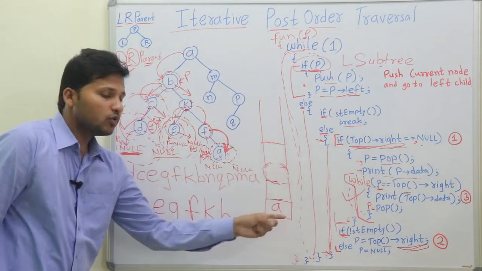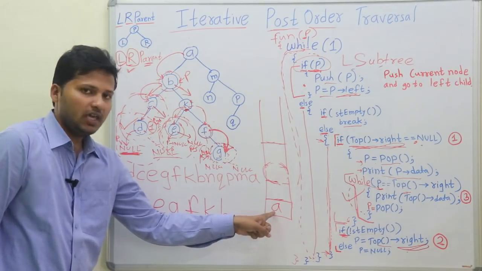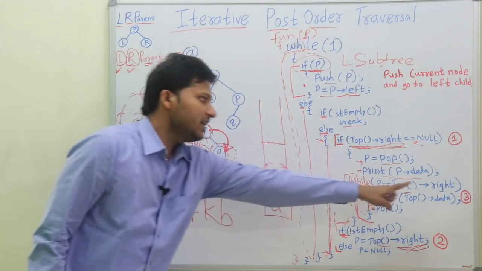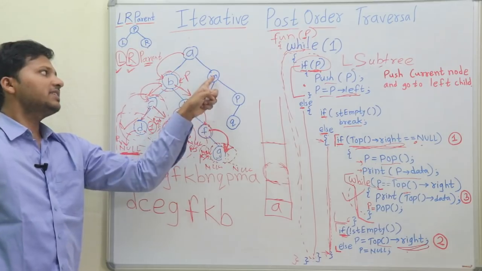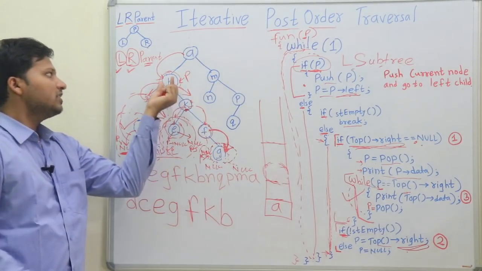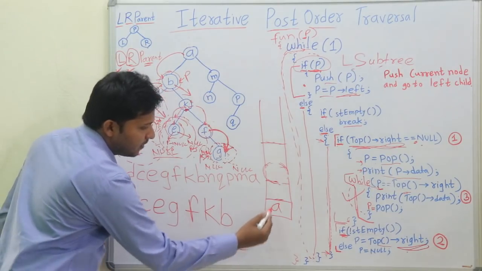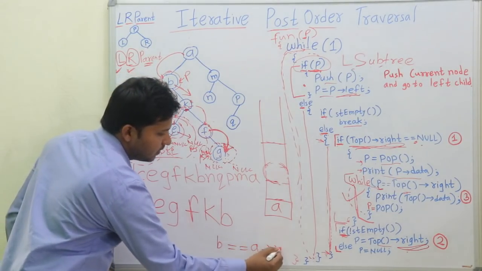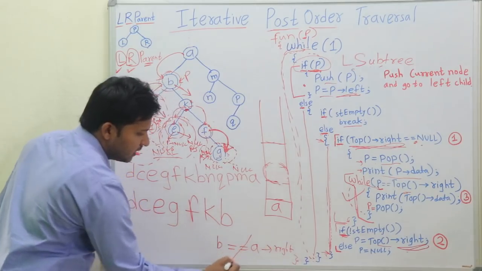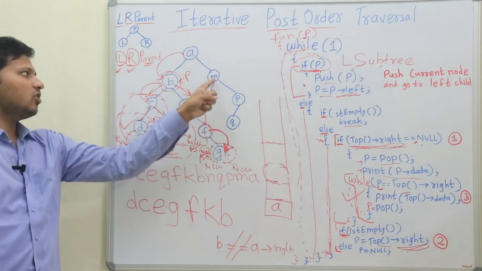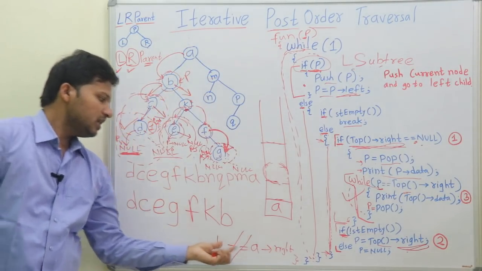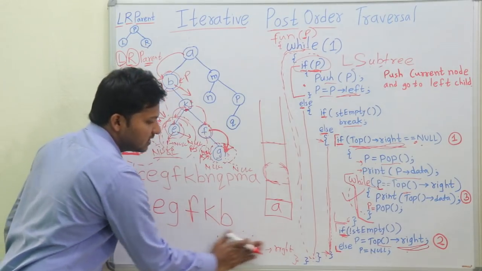Now what is the top node? Top node is A. So top points right is M, but P points to B. Is B equal to A points right? No, they are not equal, because the right child of A is M.